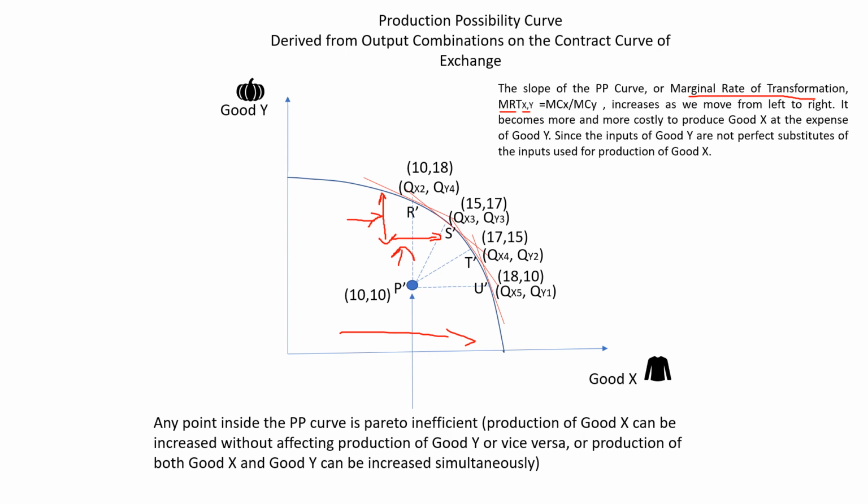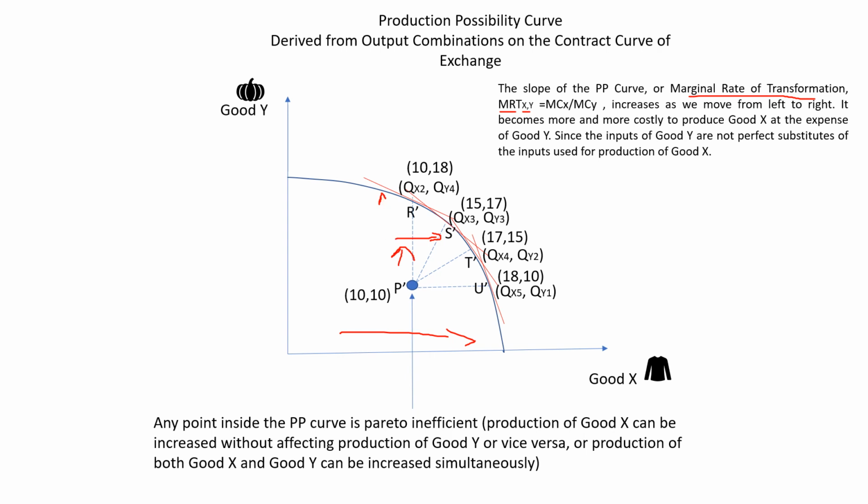So this is known as the marginal rate of transformation, which is the slope of the production possibility curve, which we can find by drawing a tangent at any given point on the PP curve, which will give us the slope of the PP curve at that particular point.